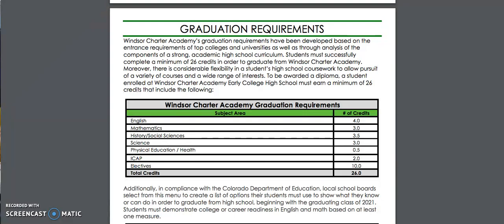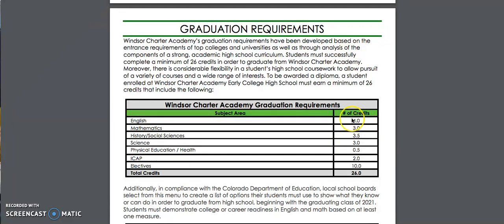Okay, up next, probably the most important information in my mind to be aware of. On page 7, you will find our graduation requirements. How many credits and in what subject areas do you need them in order to receive your high school diploma? So you can see it's a really simple chart here on page 7. How many credits of English do you need? 4 credits.